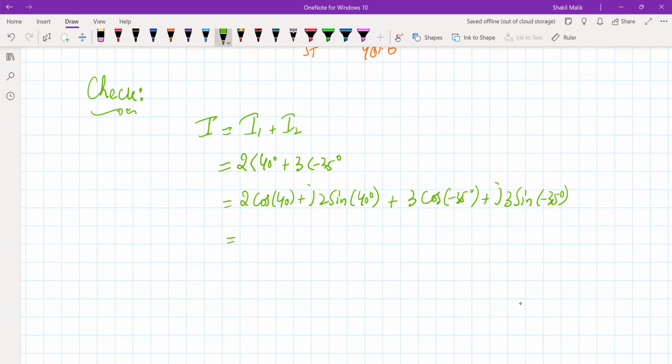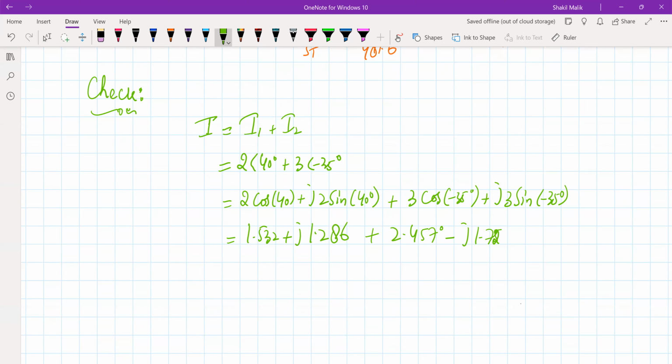Simplifying this, you will get 1.532 plus j 1.286 plus 3 cos minus 35, which is, I guess, 2.457, minus j 1.72.